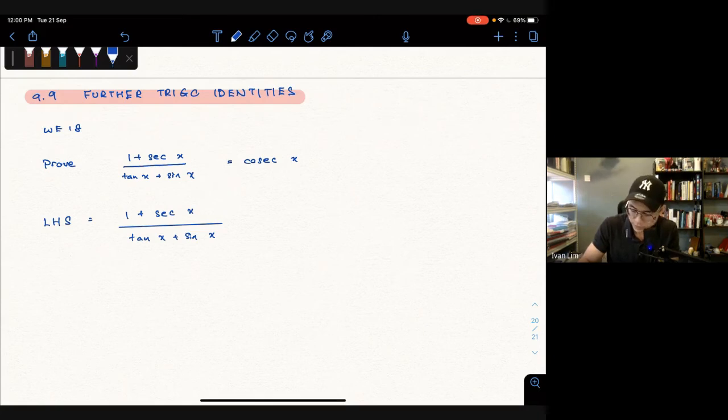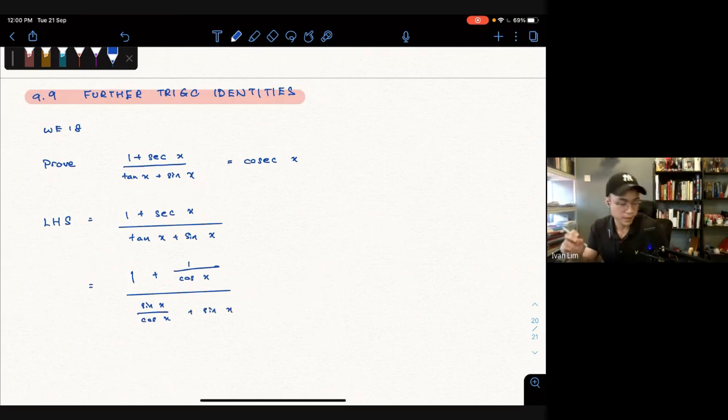So you see all this secant and tangent; we can simplify it. Secant x can be written as 1 over cos x, over tangent x, sine x over cos x, plus sine x. Once again, there may be multiple methods to solve this question.